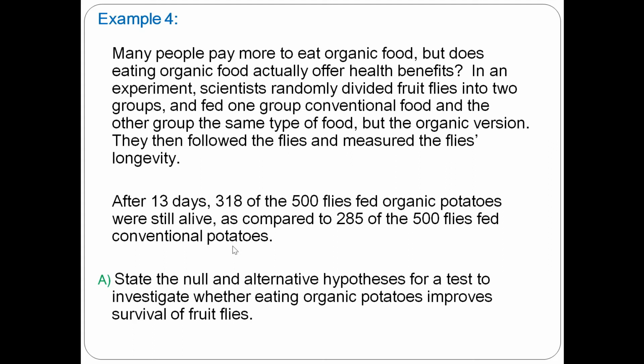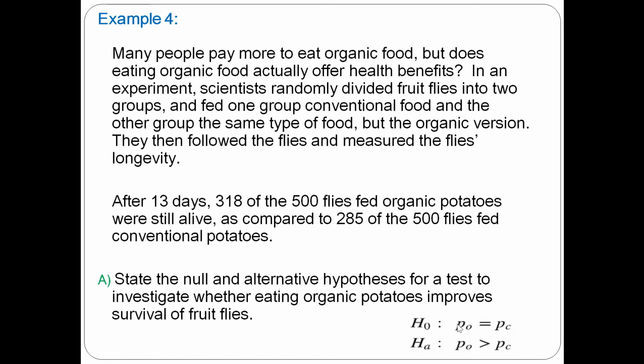Part A is asking: state the null and alternative hypotheses for the test to investigate whether eating organic potatoes improves survival of fruit flies. So let's look at the information here. We have 2 groups and we have 2 proportions. So in this case, to write the null and the alternative, we will use what we learned about the difference in proportions.